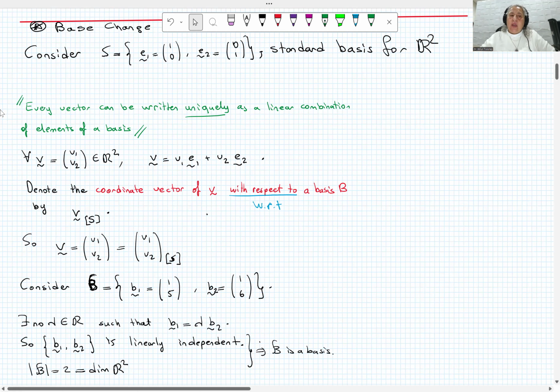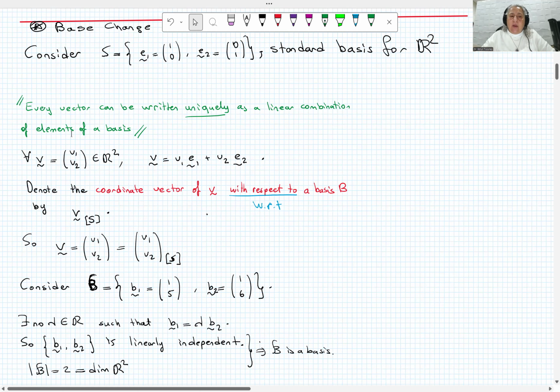If you have any vector v with coordinates v1, v2 in R2, we can write v as v1 e1 plus v2 e2. This is very natural to do, as we know how to do that, and it is the same thing for the other bases. Now this vector here is called the coordinate vector with respect to basis B. I'm going to use WRT as a shortcut for with respect to.